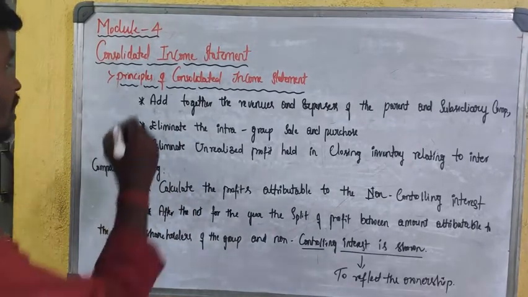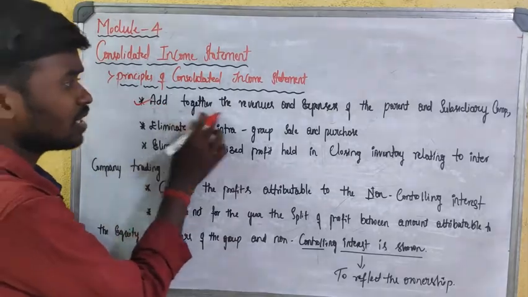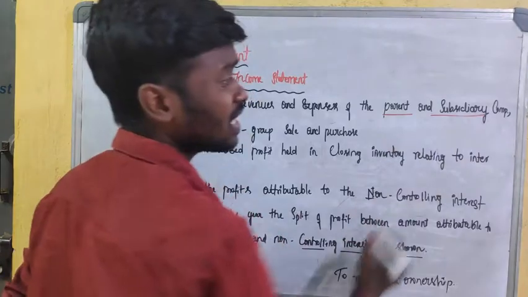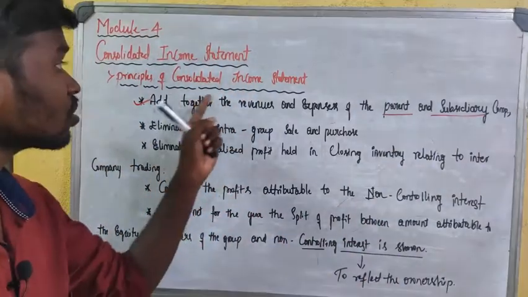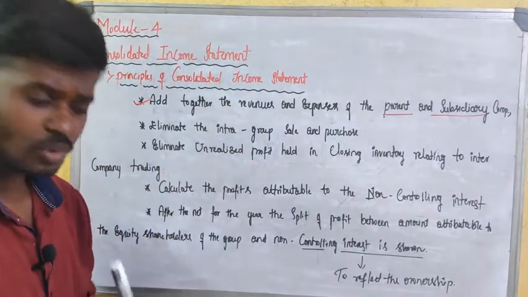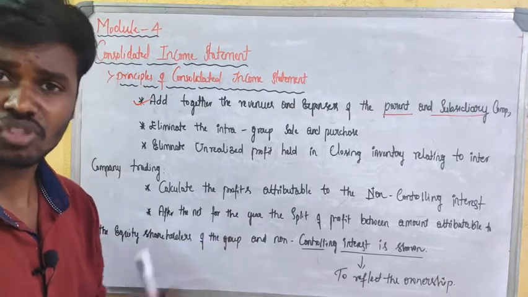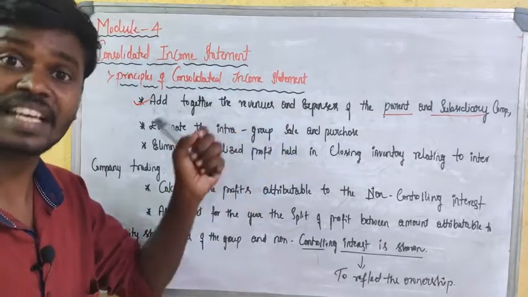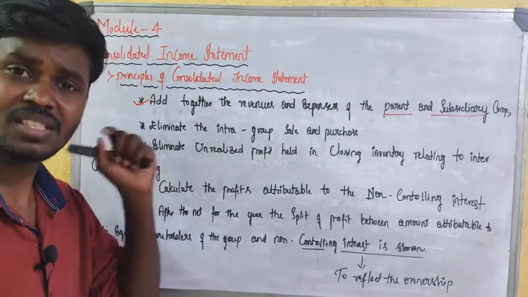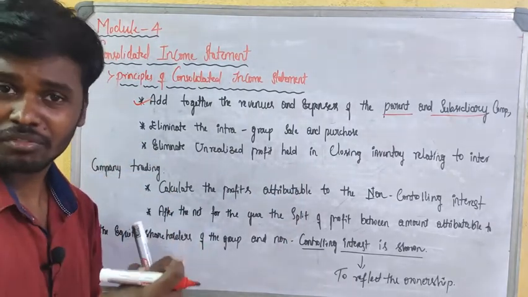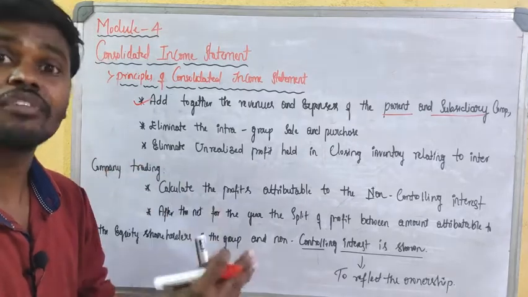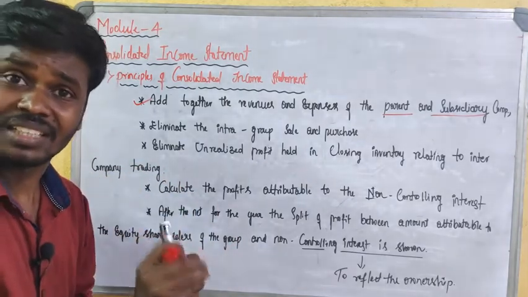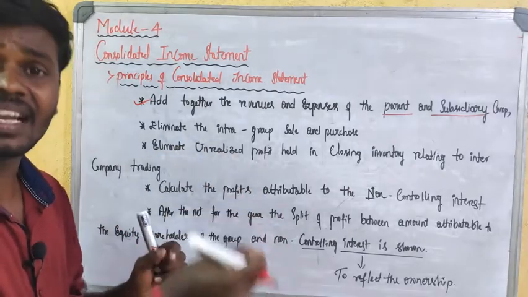First, add together the revenues and expenses of the parent and subsidiary company in preparation of the consolidated income statement. To prepare it, we have to consider the revenue part and the expenses part, that is, the revenue generated from sales.